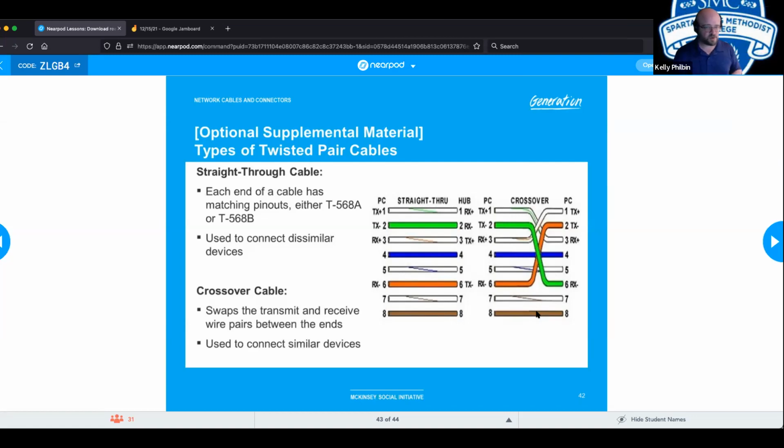That is more of a real world scenario issue. It's possible you've seen this one, Julian, before. So straight through cable, the standard is the same on both sides. Crossover, one side is 568A, one side is 568B.